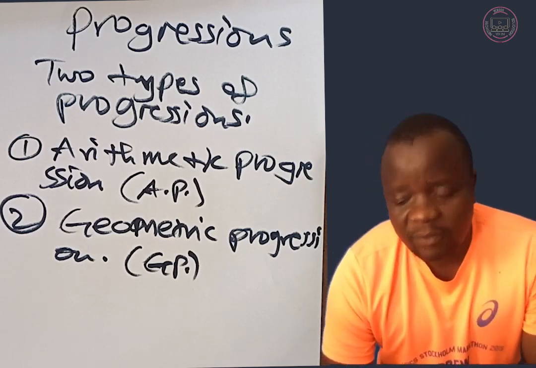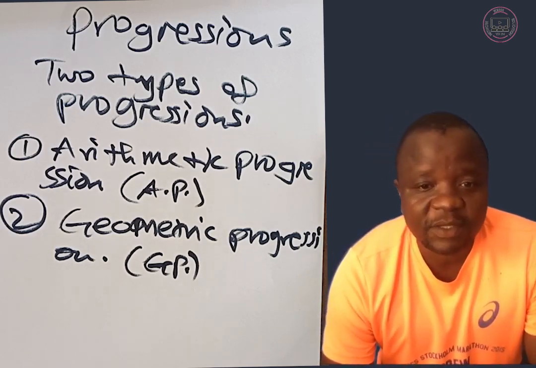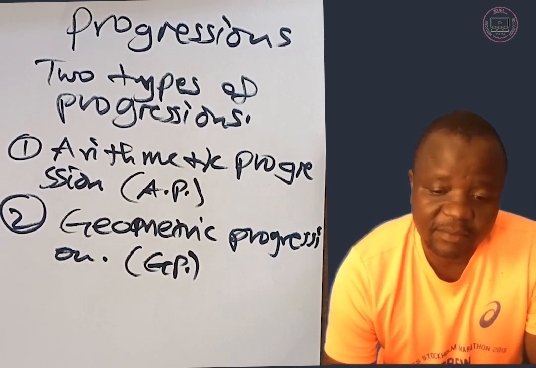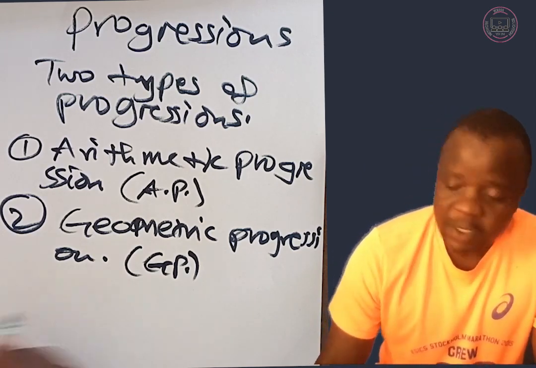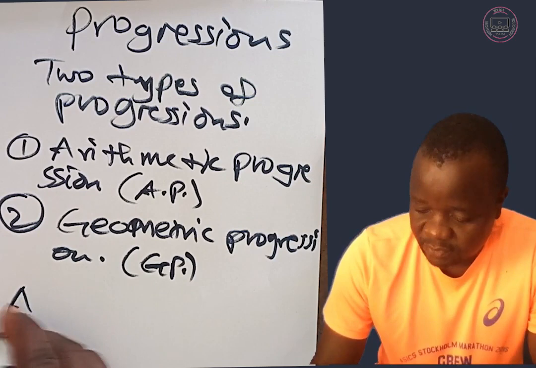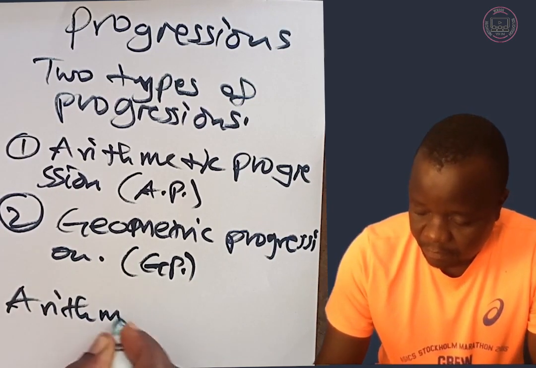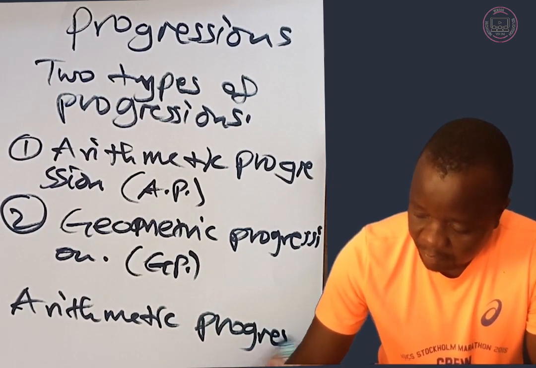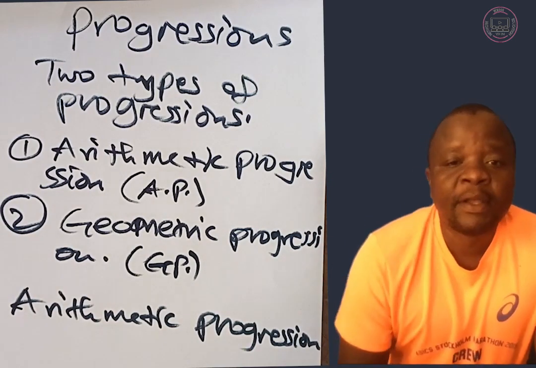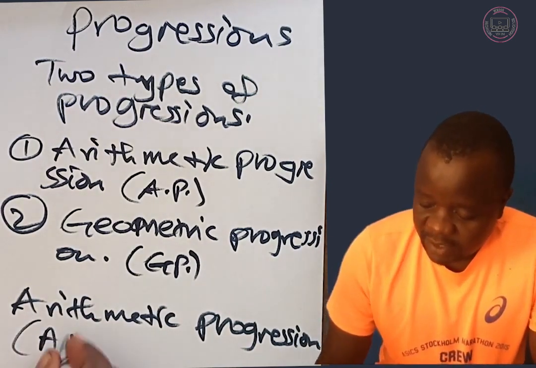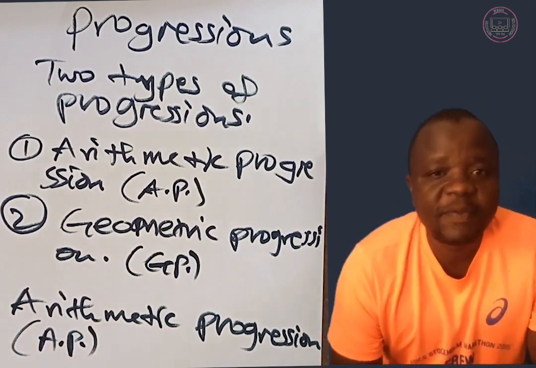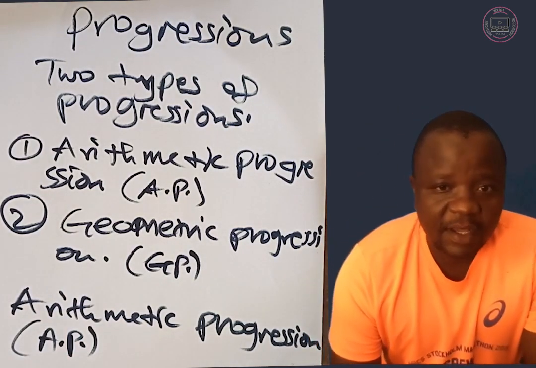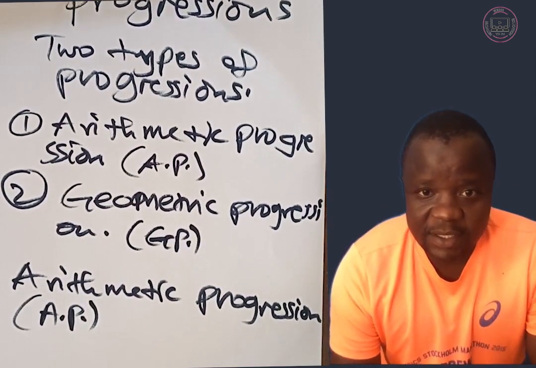Now we are going into details by looking at each one of them. So we can start with an arithmetic progression, which, as I said, is abbreviated as an AP.